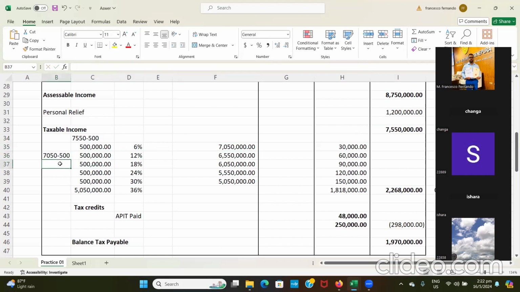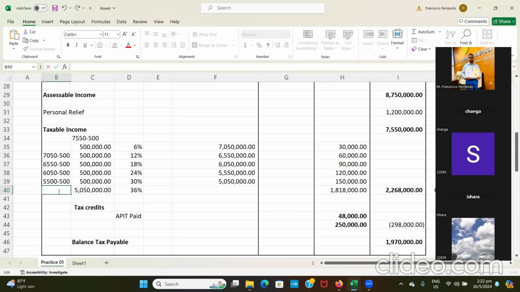Likewise we can continue minus 500. It is better to put this value somewhere so that you are not getting confused with the calculation.